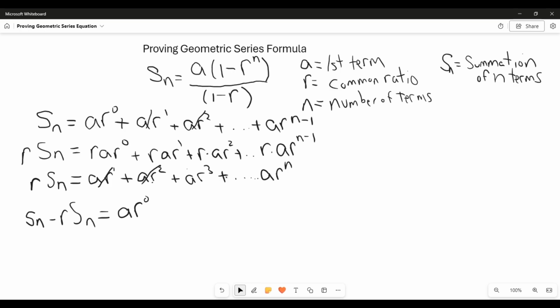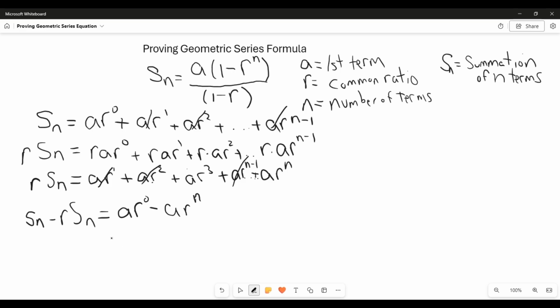And I come down to ar to the n minus 1, minus, now what happens to ar to the n? Well, right before ar to the n, guess what it is? It's ar to the n minus 1, because it's 1 unit less than ar to the n, and we're counting right up. So this cancels with this, and since I'm subtracting, I'm left with a minus ar to the n.